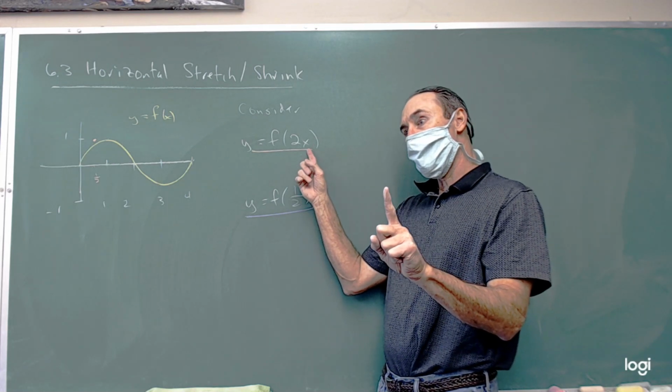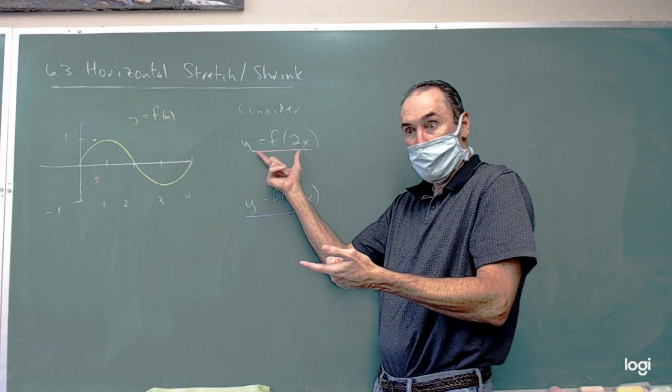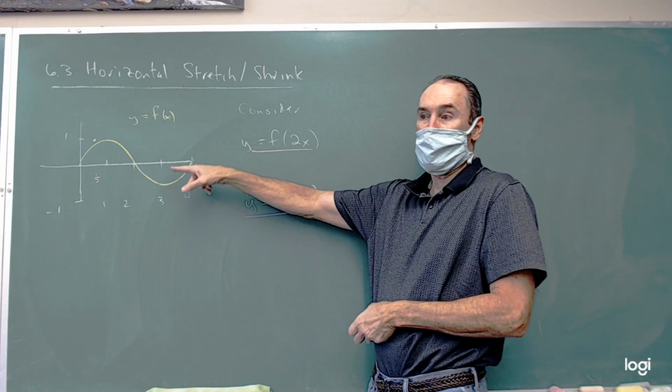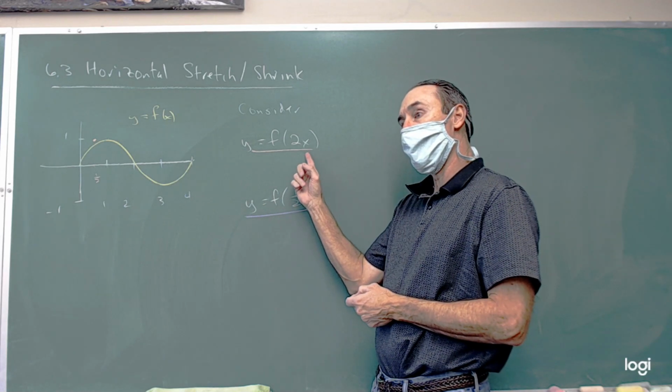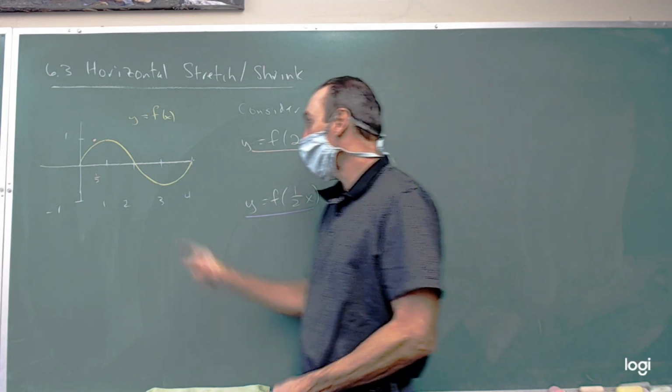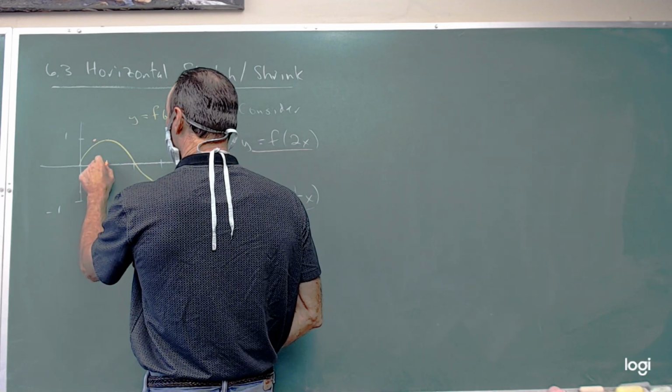So if x is 1 here, it gets multiplied by 2. We evaluate f of 2, which we can see from the yellow graph is 0. So an x value of 1 here gives us that same y value of 0. And so it's going to be here.